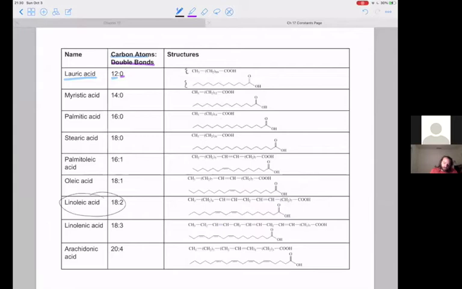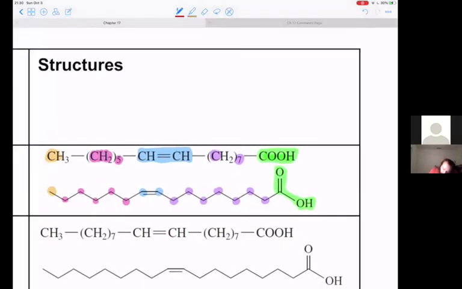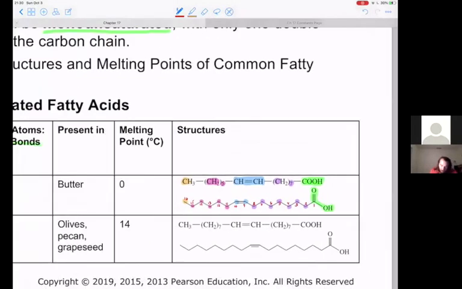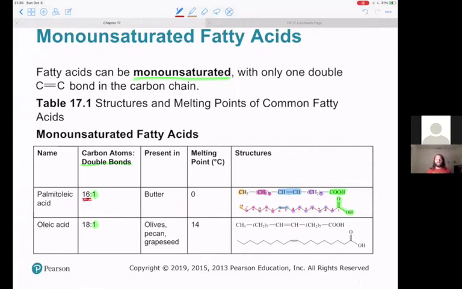And so you want to make sure that you have the correct number of carbons. So this one would be 1, 2, 3, 4, 5, 6, 7, 8, 9, 10, 11, 12, 13, 14, 15, 16. When it says that there are 16 carbons, it means all the carbons, including that carbonyl carbon. So make sure you don't forget to count that when you're building your structures.